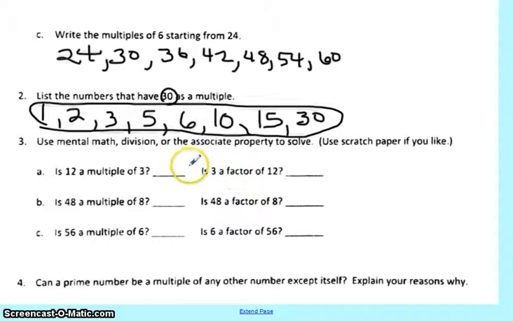Okay? All right, so number 3, use mental math, division, or the associative product to solve. Is 12 a multiple of 3? Can we skip count by 3 and land on 12? Sure. 3, 6, 9, 12. So, yes. Is 48 a multiple of 8? So you have to skip count by 8. 8, 16, 24, 32, 40, 48. Yes. Is 56 a multiple of 6?